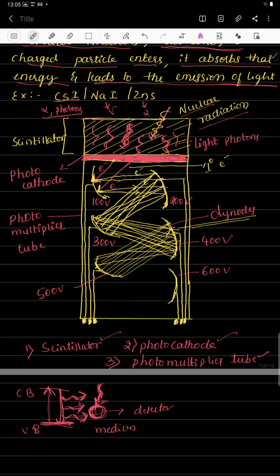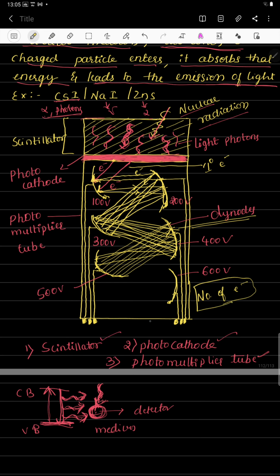As the potential increases, they accelerate towards the next dynode, and the surface is curved exactly to catch these electrons on the next dynode. So with one primary electron, at the last dynode you will have a large number of electrons.